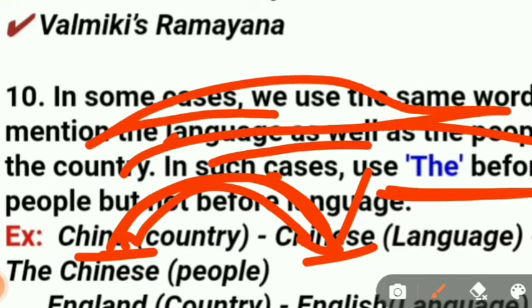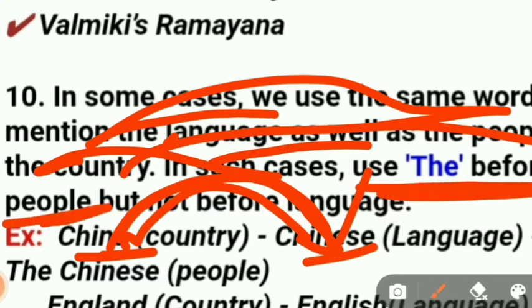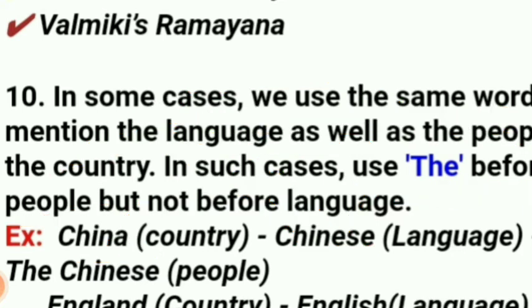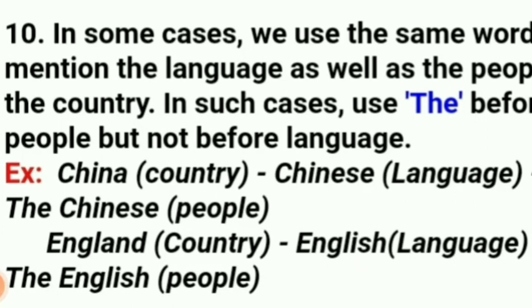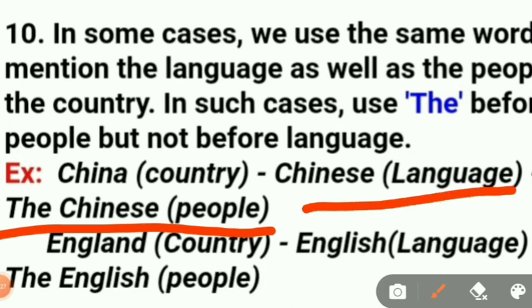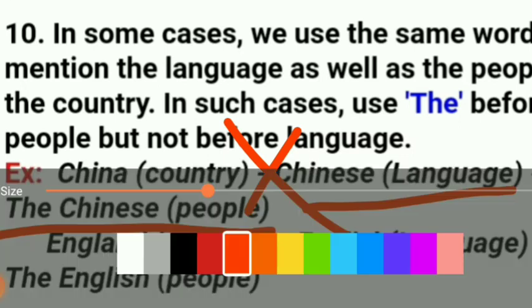In such cases, use the before the people, but not before the language. For example, China and Chinese. The Chinese are the people of China. Chinese is a language, so don't use the before the language.